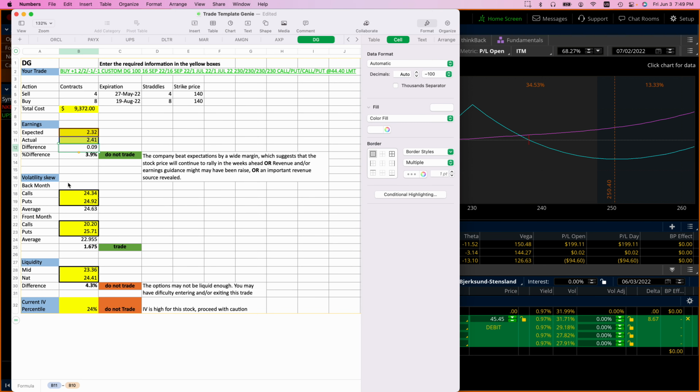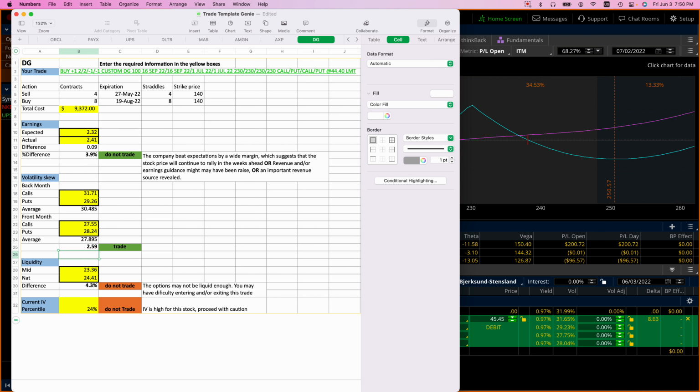Let's take a look at our implied volatilities. 31.71, 29.26, 27.55, and 28.24.